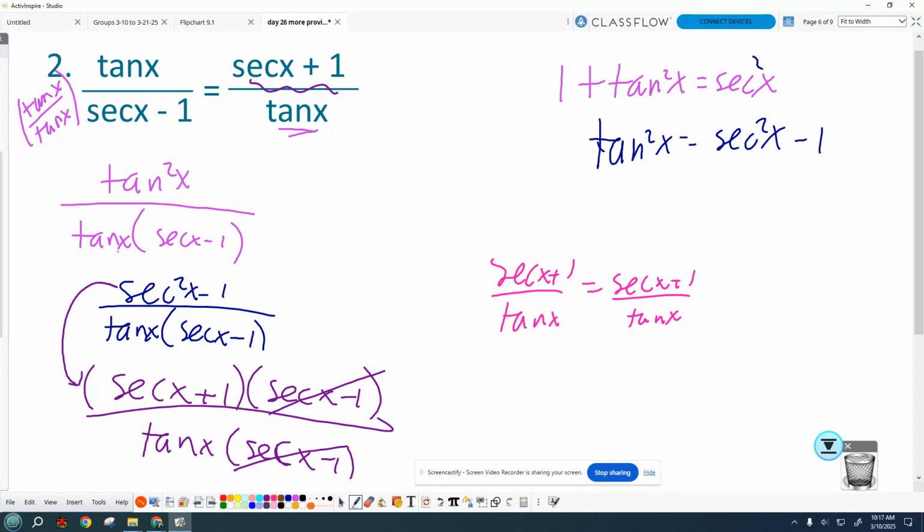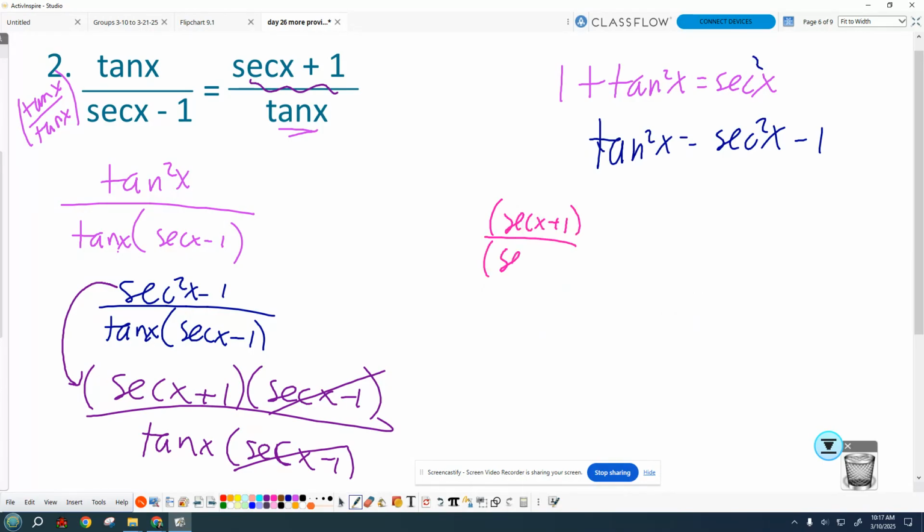I won't erase it. I will show the other one also. Hayden said maybe we start by doing what I said, which is, well, there's a secant plus 1 on the other side, so maybe I'll multiply by secant plus 1 over secant plus 1. And the other side has that secant plus 1 up top.